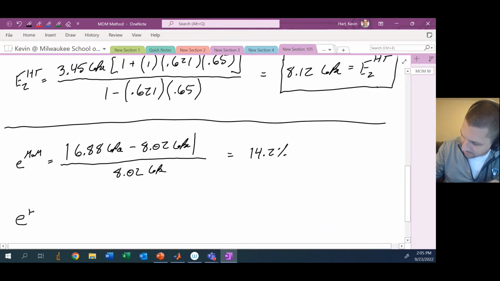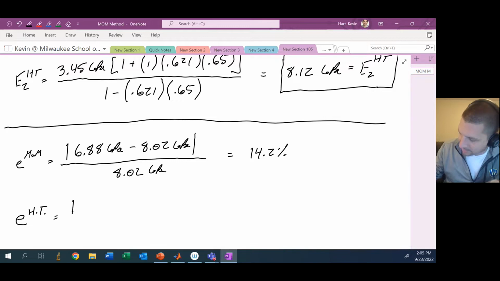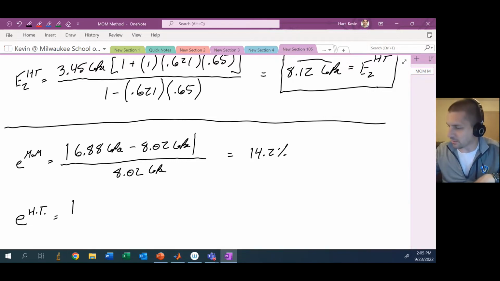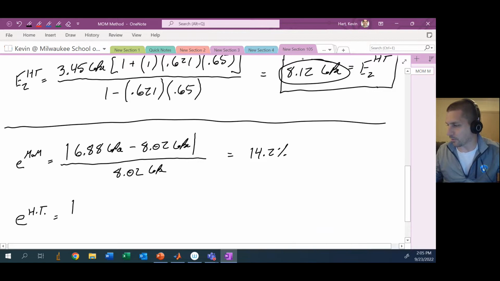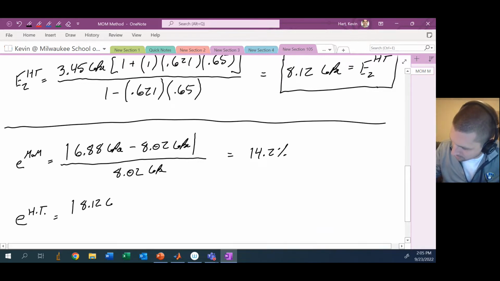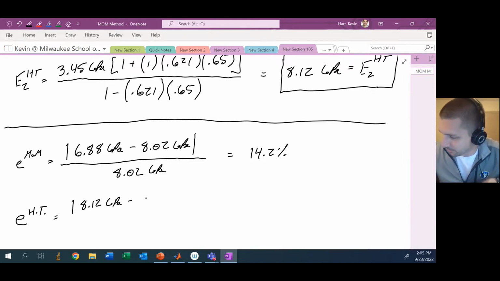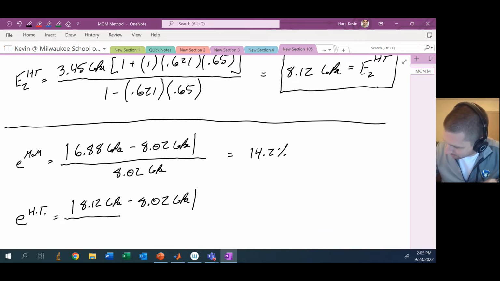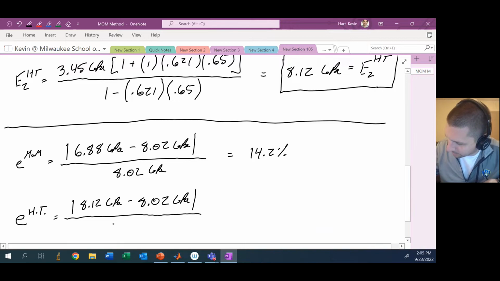We can do similar calculations for the error associated with the Halpin-Tsai calculation. For Halpin-Tsai, we calculated the elastic modulus, as a reminder up here, of 8.12 GPa. So here we go, 8.12 GPa minus our known value, just given in the problem, 8.02 GPa, normalized now by the known value, again, 8.02 GPa.